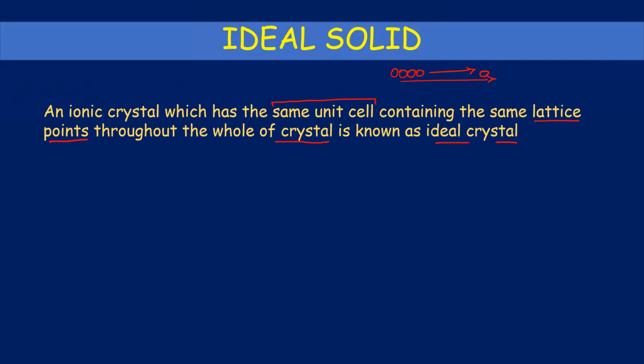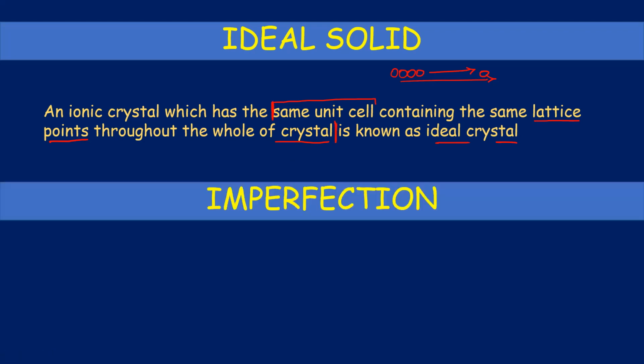You have to remember this one-line definition: the ideal crystal will have the same unit cell containing the same lattice points throughout the whole crystal. Remember this phrase from here to here.